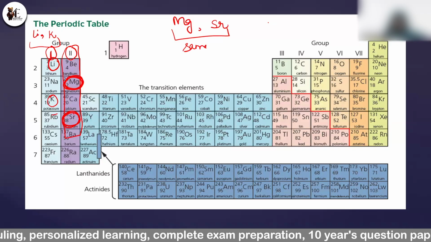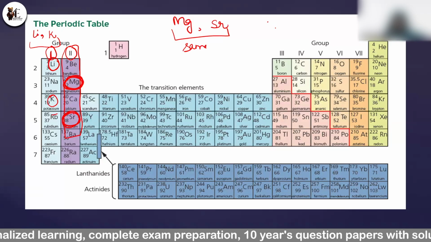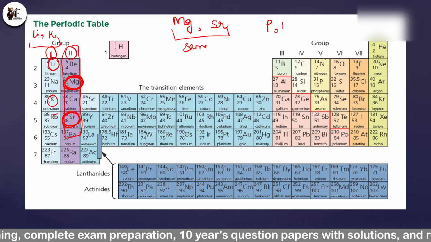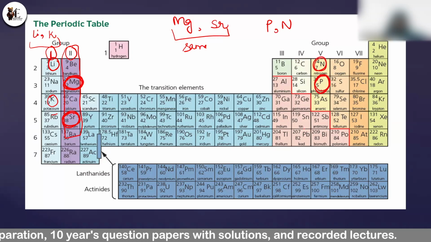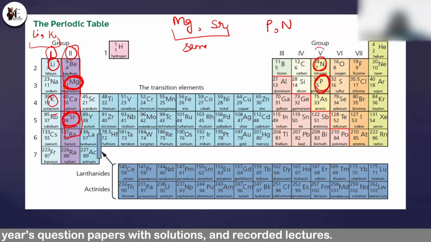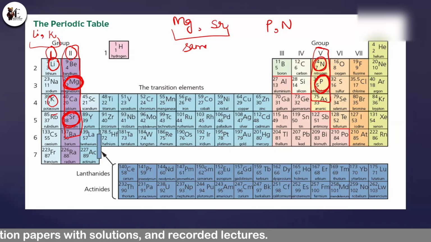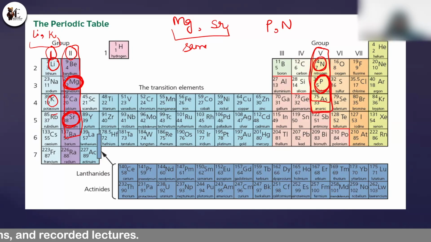Now tell me, if I take phosphorus and nitrogen, are their chemical properties the same or different? They belong to group 5, so they are the same. The elements present in the same group have the same chemical properties.